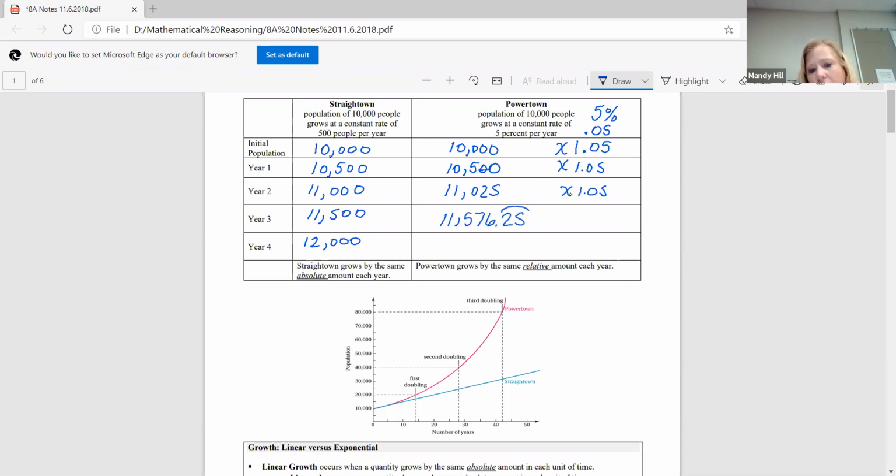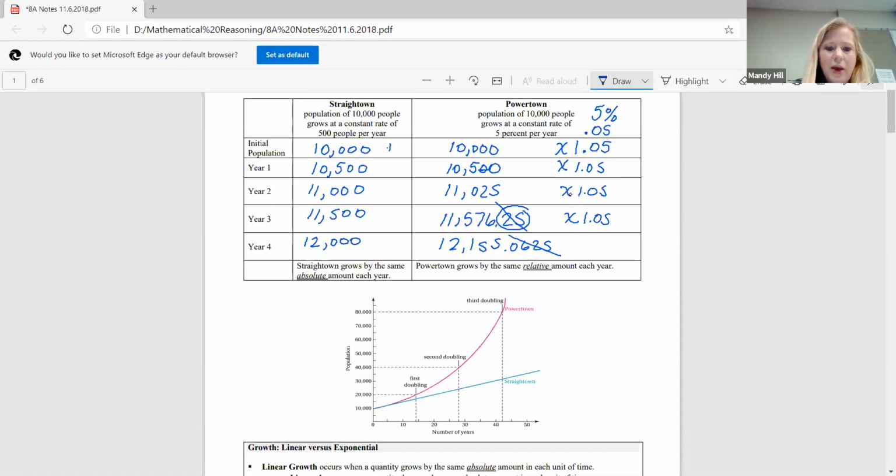Now we can't have 0.25 of a person, so we would drop that off, but I'm going to leave it just for multiplication's sake. Multiply by 1.05 again, and we've got 12,155.0625. Again, we can't have a decimal part of a person. But we're starting to really separate, okay?